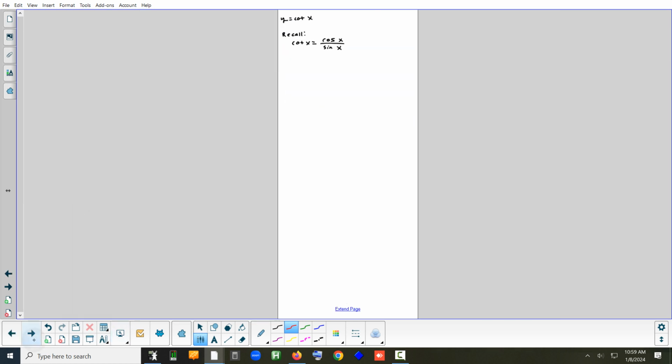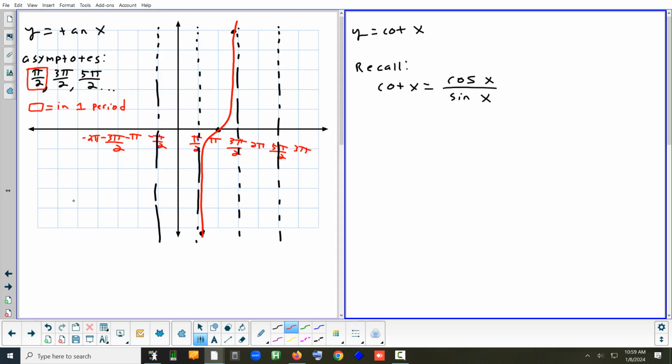So let's look at that. I think I have cotangent, so I'll let you copy that, but then I'm going to delete that page so I can put the graph of cotangent right next to tangent. So cotangent is cosine over sine. So now everything is going to flip.